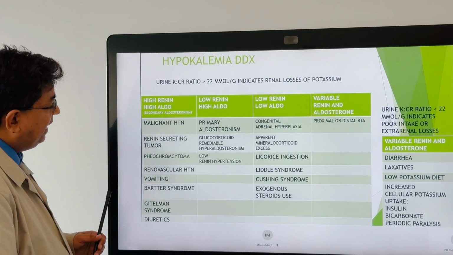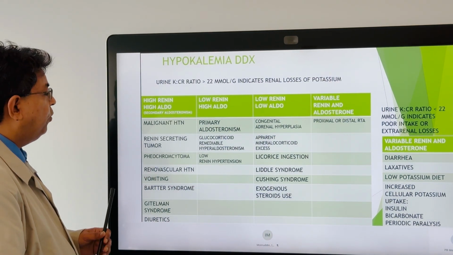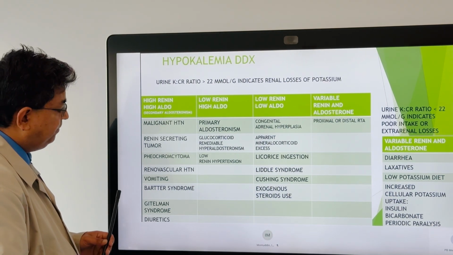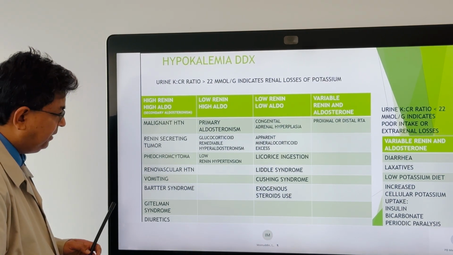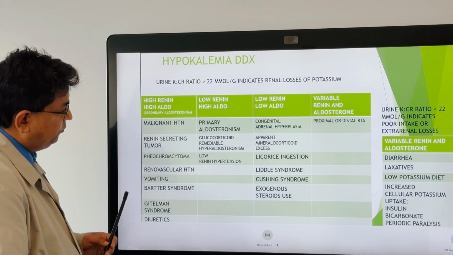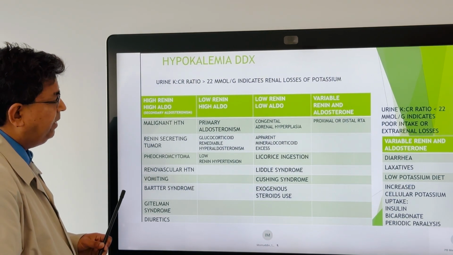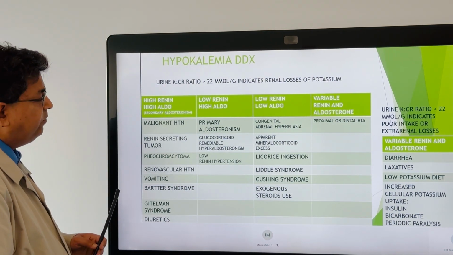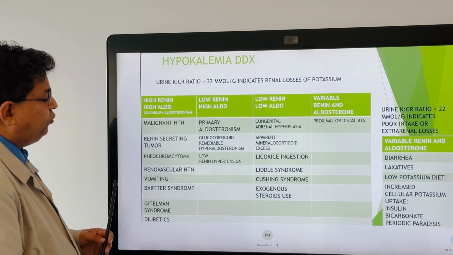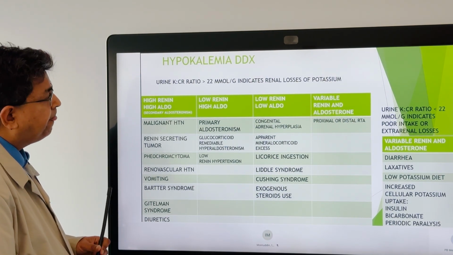Low renin, high aldo is consistent with primary aldosteronism, glucocorticoid remediable hyperaldosteronism, and low renin hypertension. Low renin, low aldo scenarios include congenital adrenal hyperplasia, apparent mineralocorticoid excess, licorice ingestion, Liddle syndrome, Cushing syndrome, and exogenous steroid use.